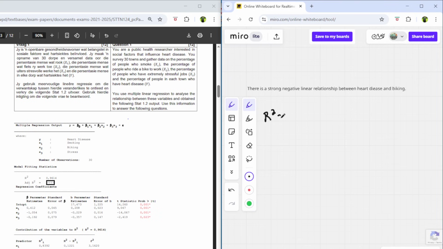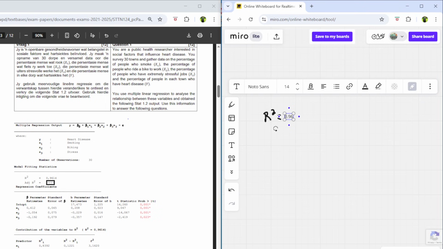R squared is equal to 0.9614, and then you say the least squares model fits the data well. You can even say very well, actually, because it's closer to 1.